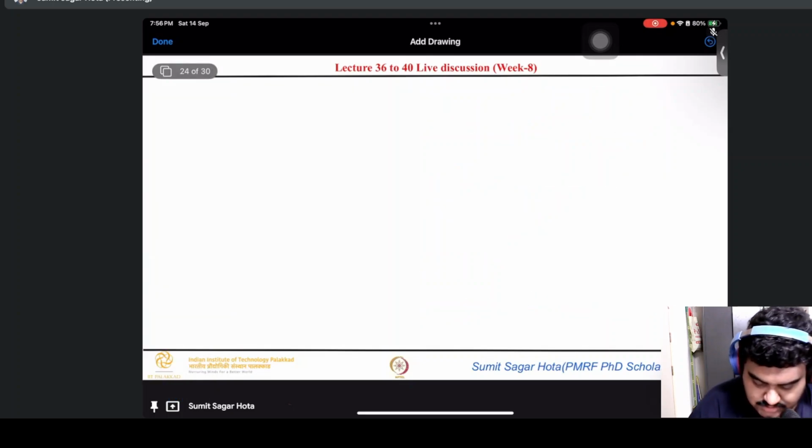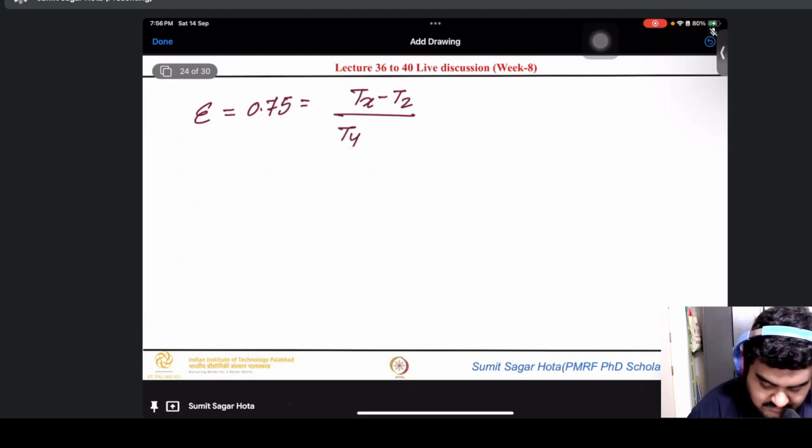So the effectiveness is 0.75, equal to Tx minus T2 divided by T4 minus T2, equal to T4 minus Ty divided by T4 minus T2.